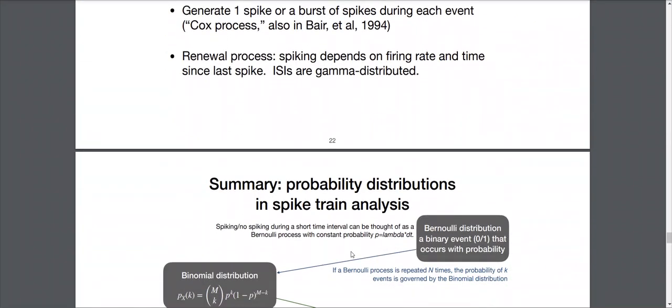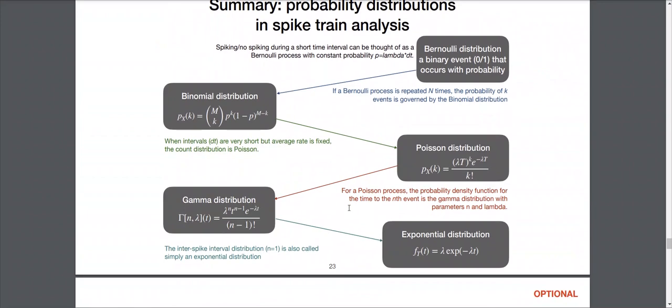So for each raster figure, the number of spikes we have for each trial can be distributed as a Poisson distribution.